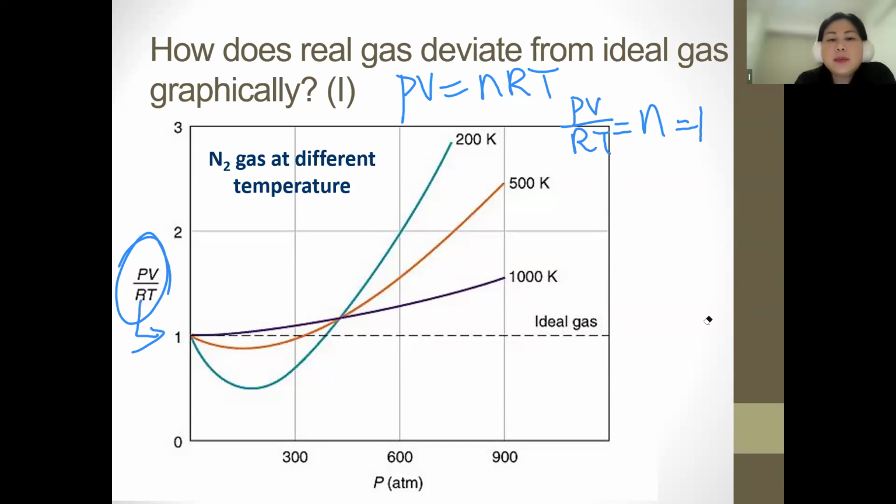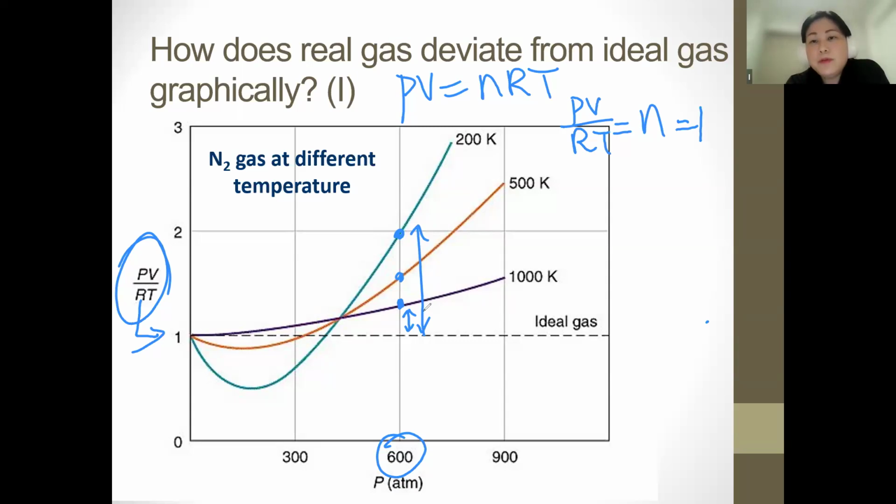If we fix a pressure and vary the temperature, what do we see? At 600 atm, if my temperature is 1000, I'm quite close to the ideal gas. At 600 atm, if my temperature is 200, I'm quite far away from the ideal gas.